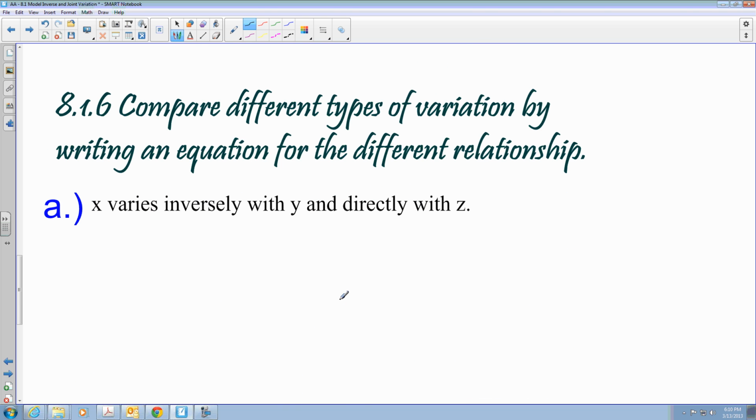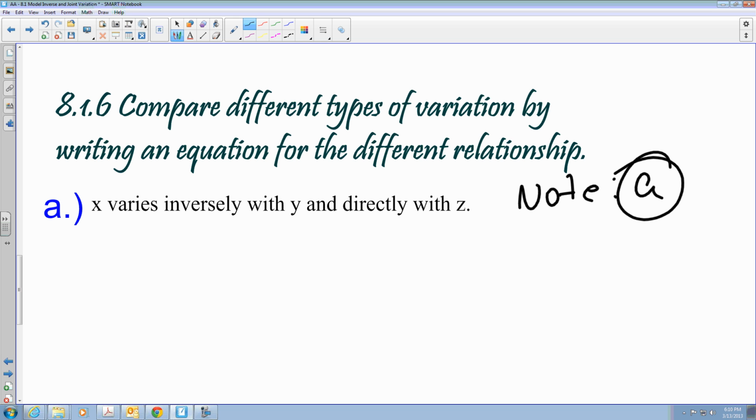The last thing we're going to talk about is comparing different types of variations by writing equations for the different relationships. For example 1, it says x varies inversely with y and directly with z. Here's a note: make sure that a is involved in the equation.